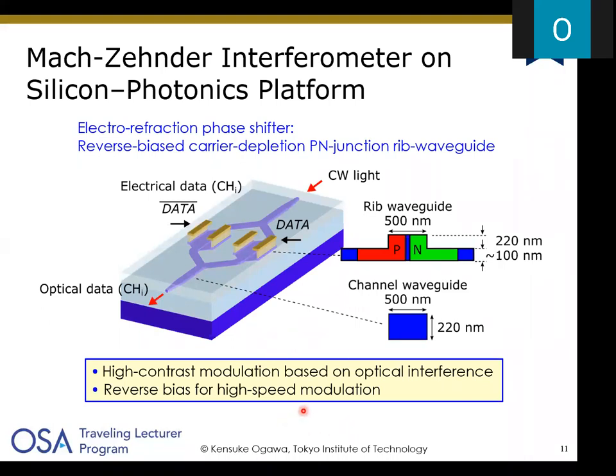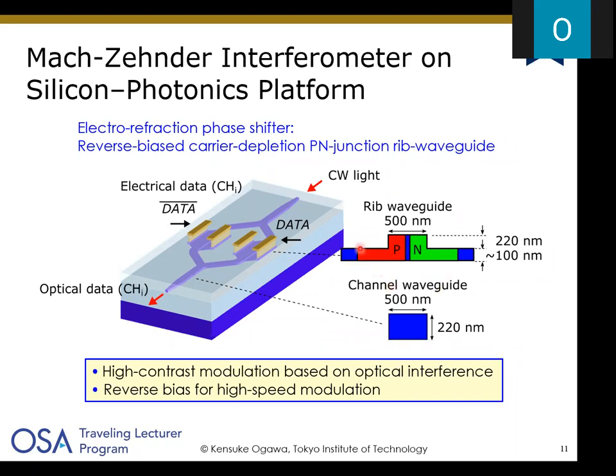For high speed modulation, the PN junction is applied with a reverse bias to avoid the slow movement of carrier diffusion in forward bias carrier injection. With reverse bias, the carrier drift is limiting the speed of the modulation, apart from the RC time constant. That is also a factor limiting the modulation speed.